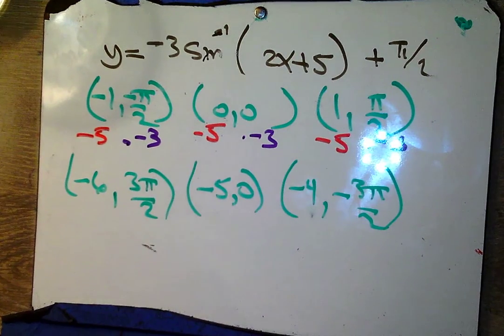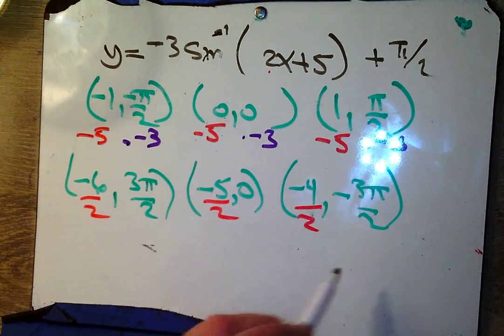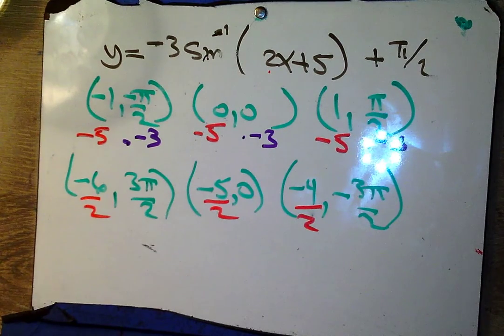Great. But I'm not quite done yet. I still have two more transformations to apply. I have to divide all the x's by 2, and I have to add pi over 2 to all the y's.